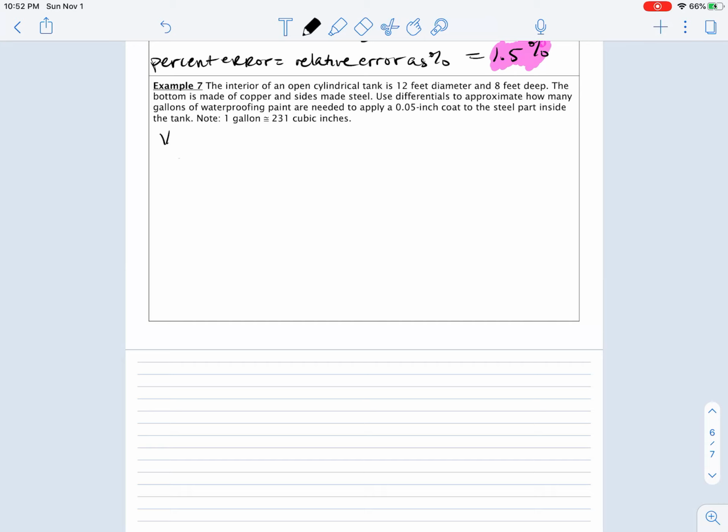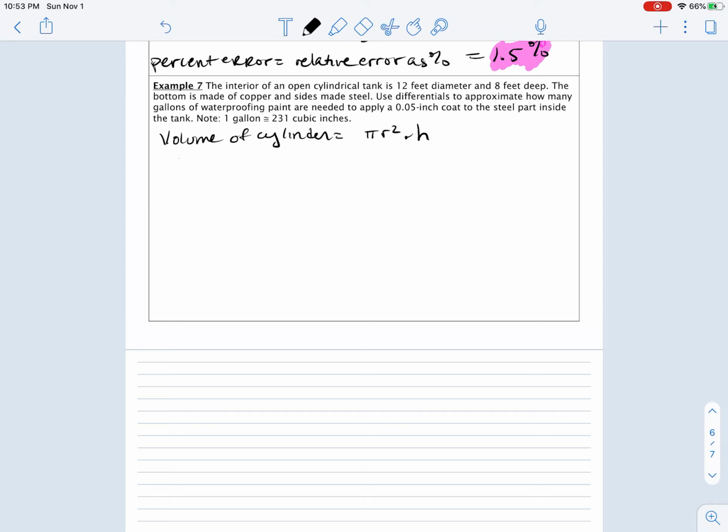Well, we can use our differentials. And so what is the volume of our cylinder? The volume of our cylinder is pi r squared, the area of the base, times the height. And note that we are actually in feet. Good.